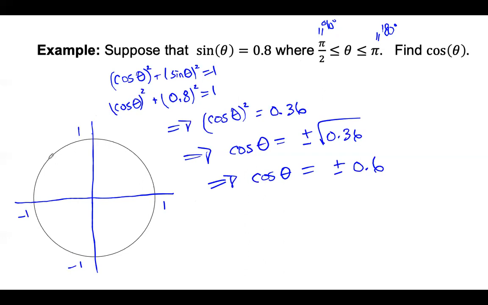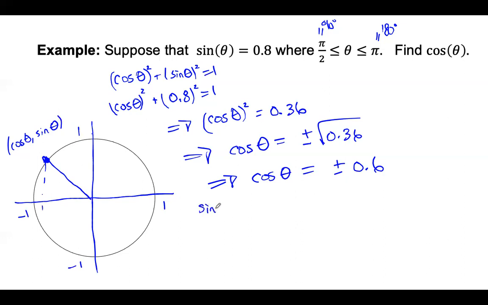So it's going to be somewhere in here, let's say. And we know the unit circle has cos of theta and sine of theta. So this cosine is obviously negative because this is our x and x is in that negative direction.